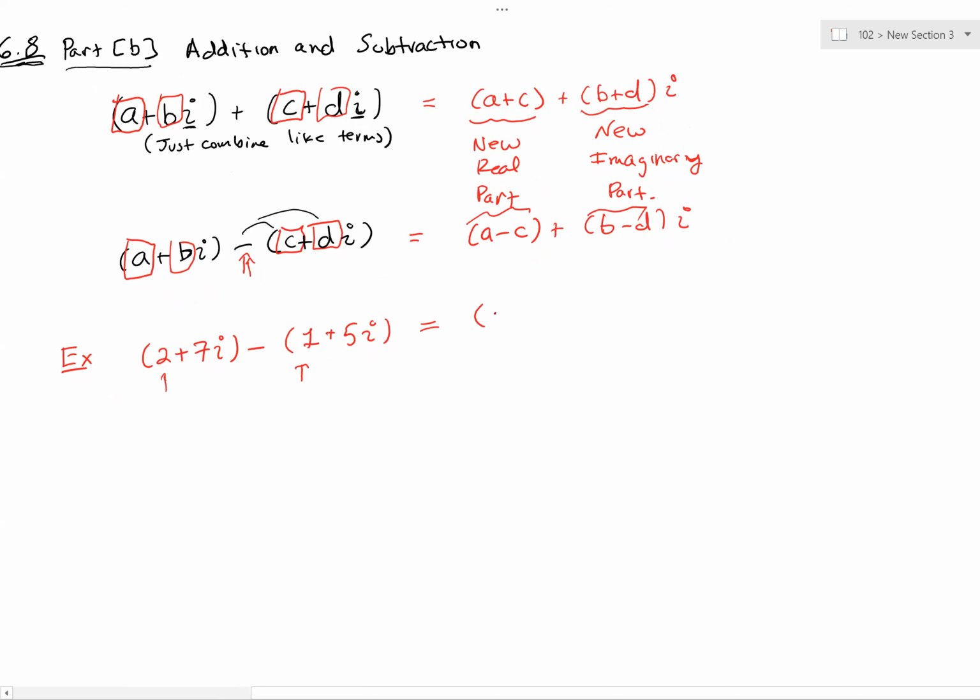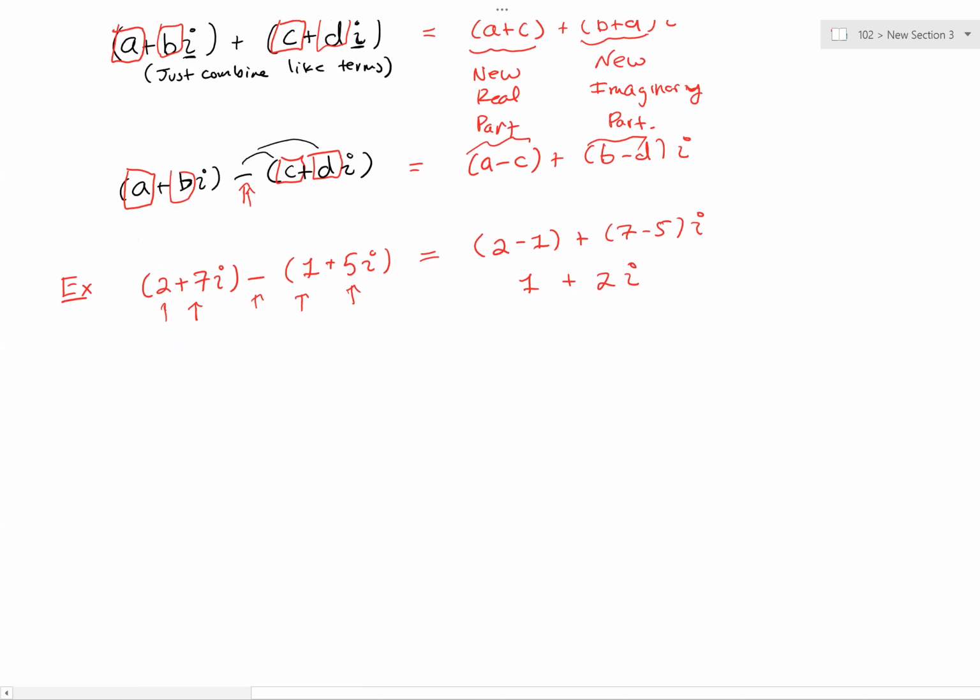So this is going to be 2 minus 1 plus, and then I'm going to do 7 minus 5. That's going to be the new imaginary part. So this is just going to be 1 plus 2i. And that's really all there is to it.